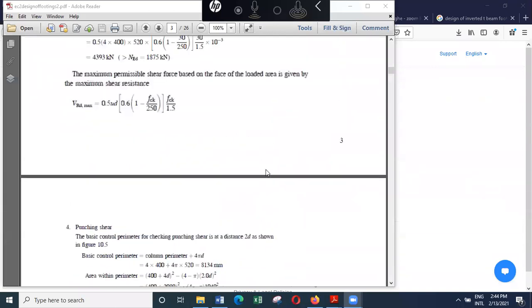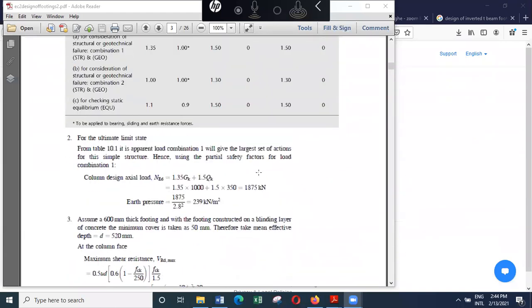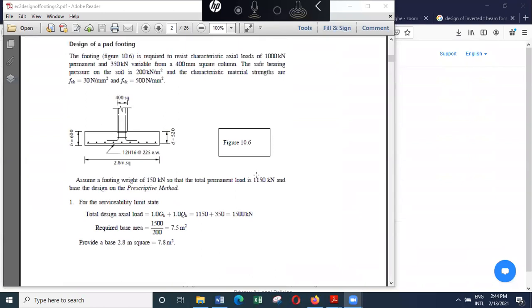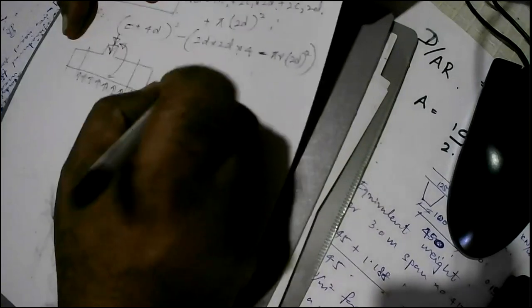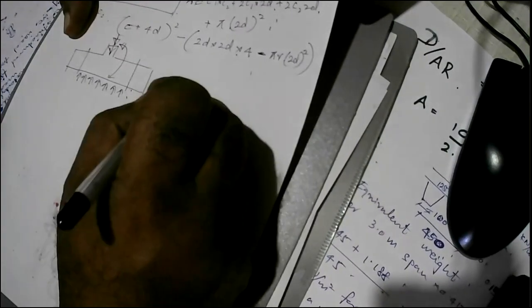So when you know the thickness, then we have to see what the bending moment is, and the bending moment is due to a load.